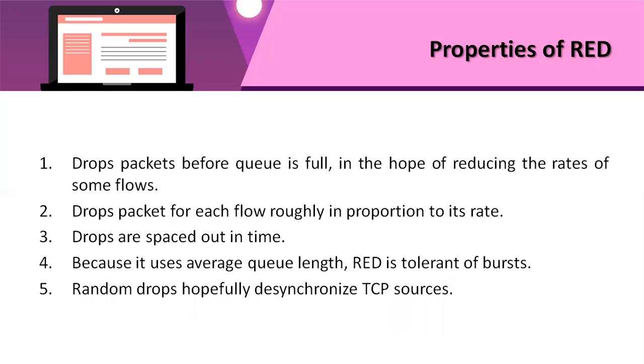This mean value is calculated from the previous history of congestion in the network, so that RED can tolerate bursts of packet traffic. Random drops hopefully desynchronize the TCP sources. These are all the properties of RED.